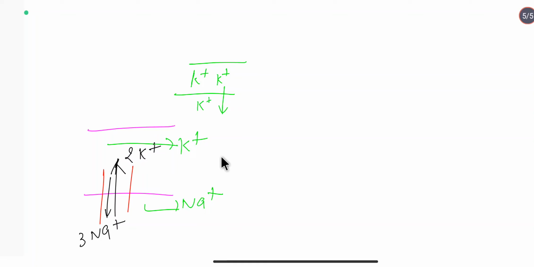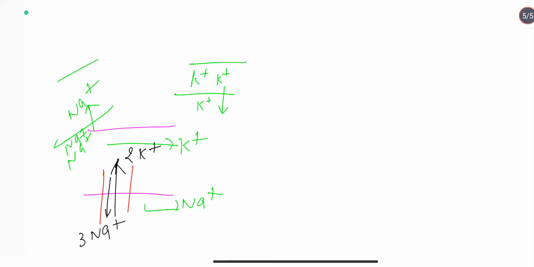And because sodium is more outside the cell when compared to inside, sodium will normally move inside the cell. This normal movement of potassium and sodium does not require energy because they are moving along their concentration gradient, from a region of high concentration to a region of low concentration, naturally in the body, and that does not require energy.